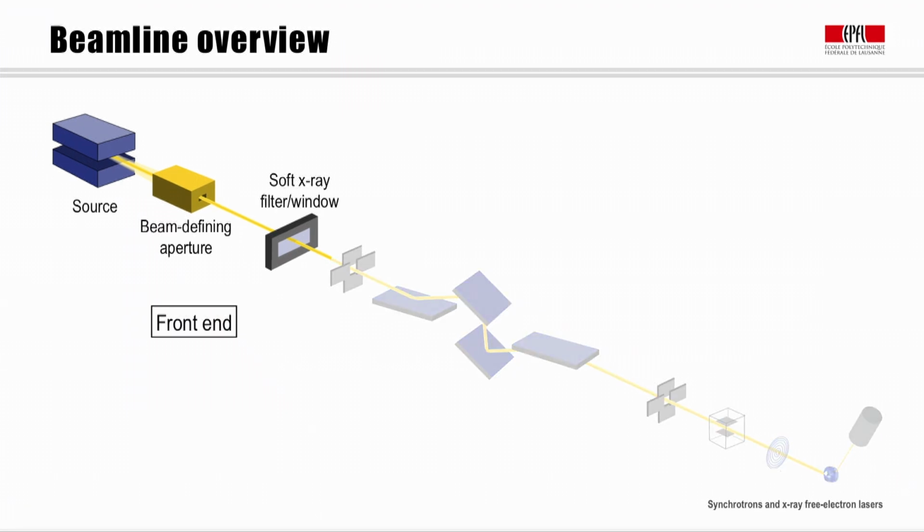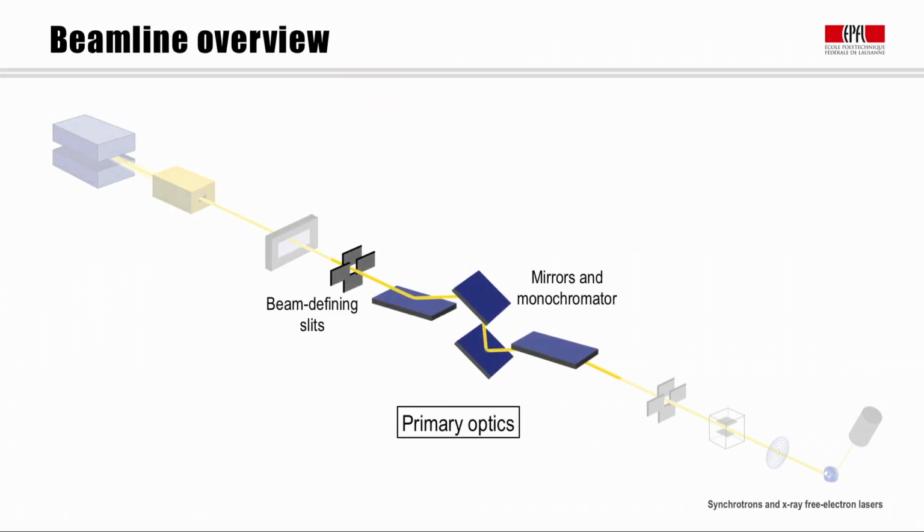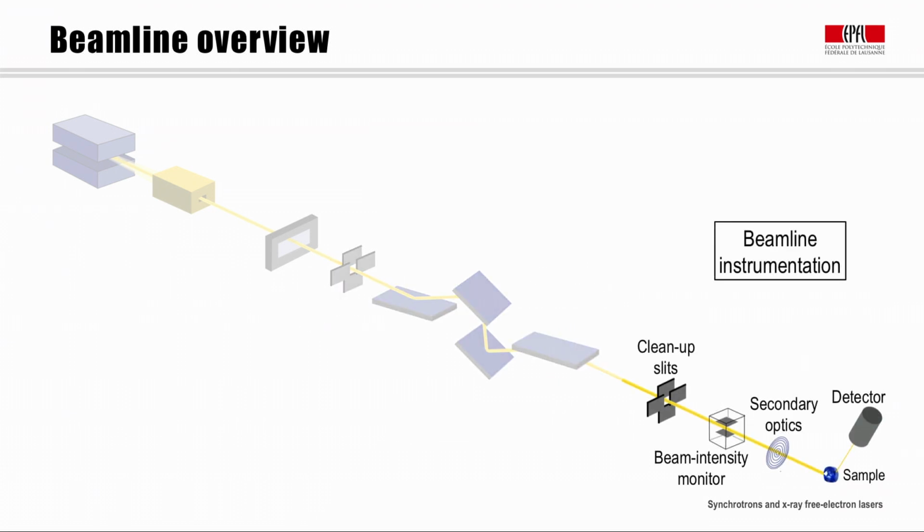In the discussions this week, we divide up the beamline into the front end, the primary optics, including mirrors and monochromators, and finally, beamline instrumentation. In other words, those components most commonly, though not necessarily always, found in the experimental hutch, the furthest point downstream of the beamline.